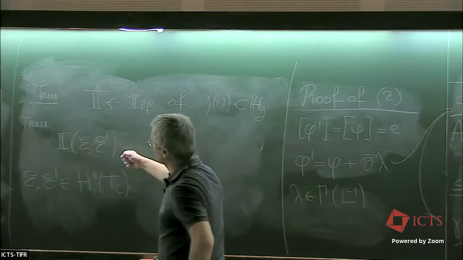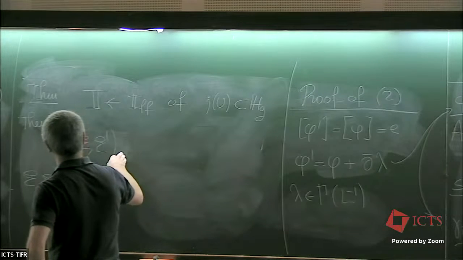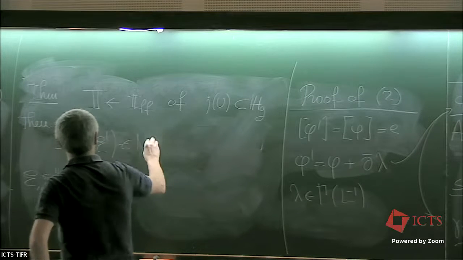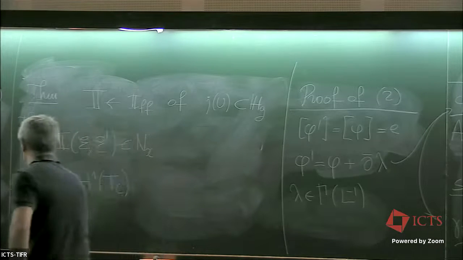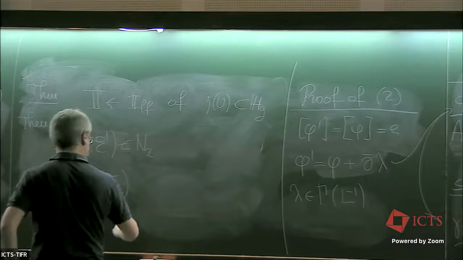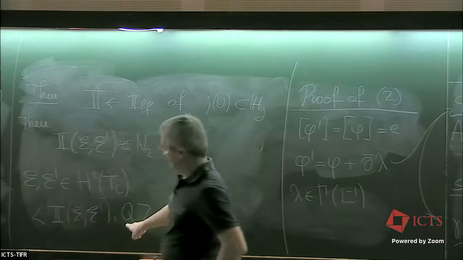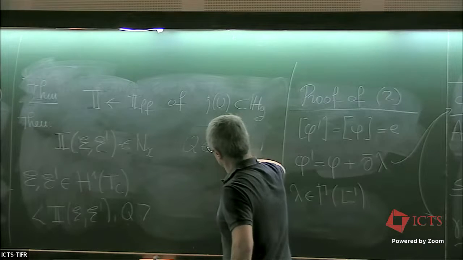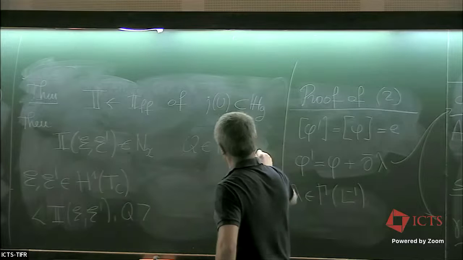So, we want to compute this. So we need to contract it against something. This thing here belongs to the normal bundle. To get a number, we contract it against something which is in the dual of the normal bundle, and this is I2.